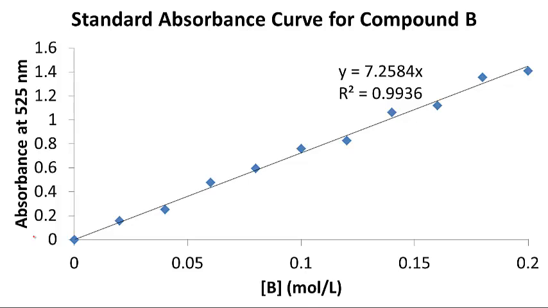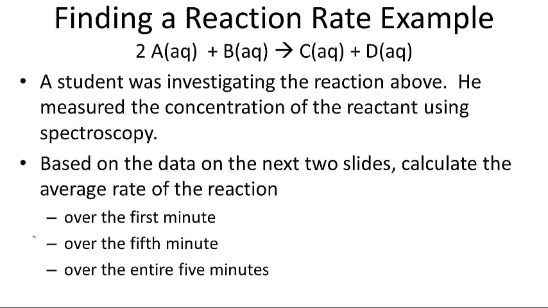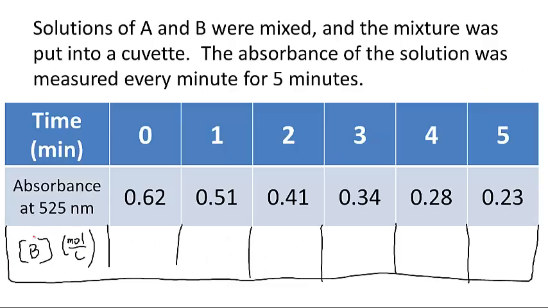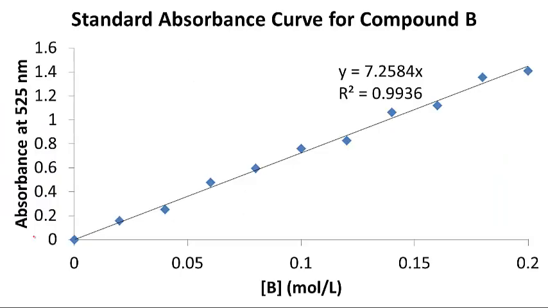Okay, we said last time that we would start today by calculating the concentration for each absorbance value. Where am I going to go to figure out the relationship between concentration and absorbance?